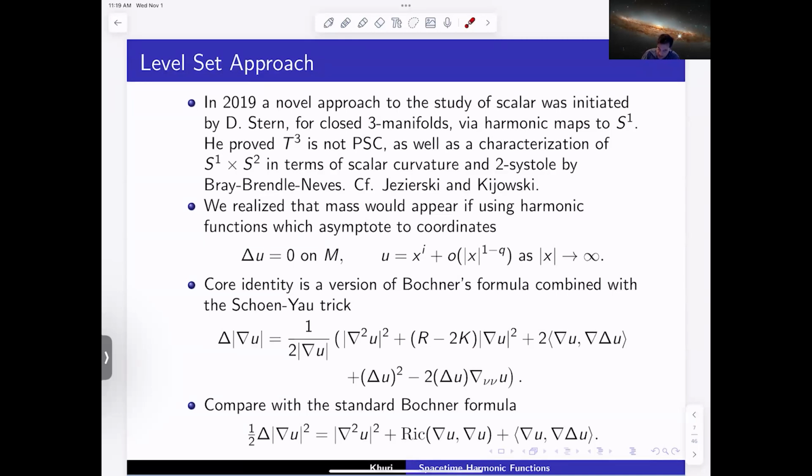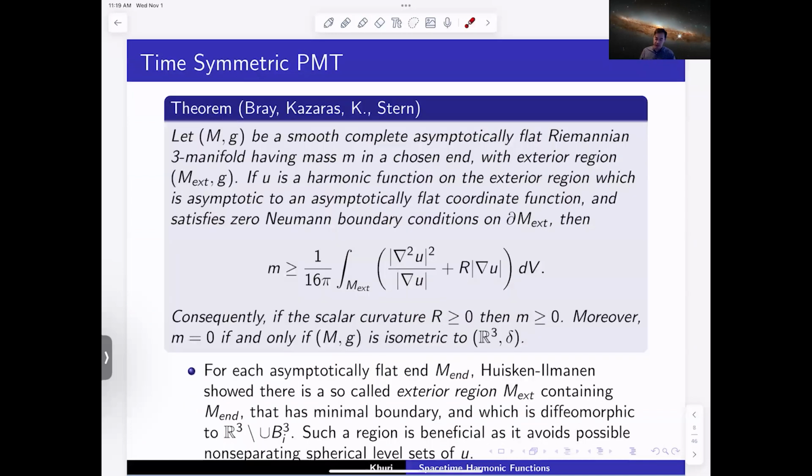Okay, so that's the main point of this inequality. And so putting those ideas together, that the mass is extracted by asymptotically linear harmonic functions in the flux terms in the integration by parts, we get a formula for the mass, or lower bound, is essentially a formula.